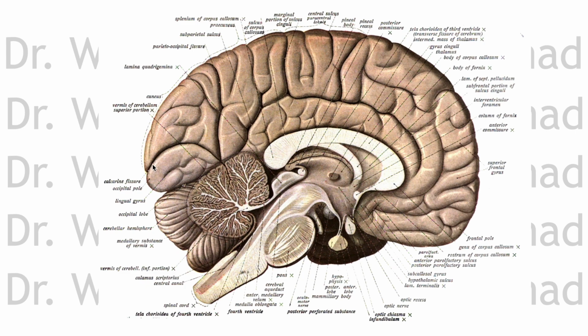This sulcus is called the parieto-occipital sulcus, and this is the calcarine sulcus. This sulcus is called calcarine, and this is called the post-calcarine sulcus, which has the lingual gyrus below it. It looks like a tongue.